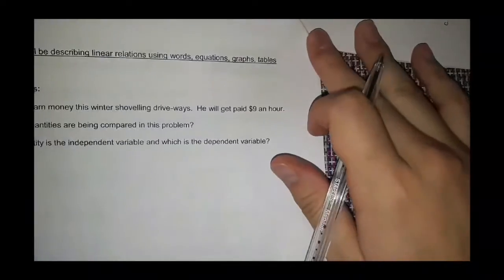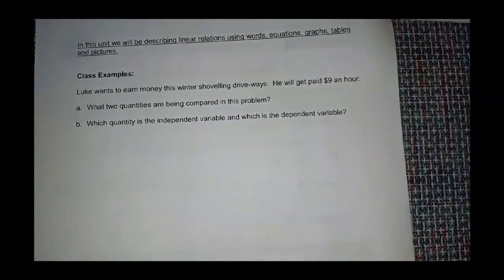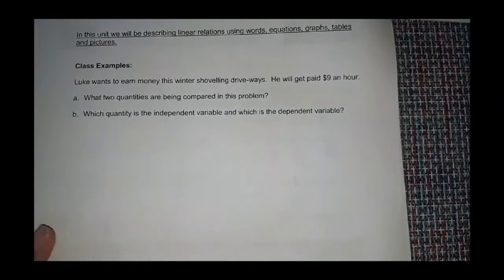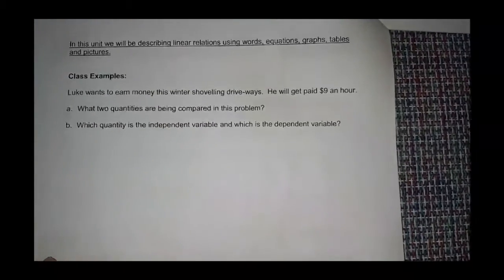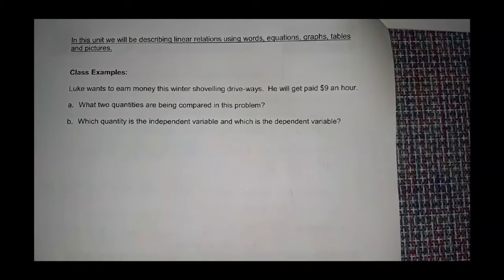Now let's do some simple examples, and then hopefully I go through many different ways of expressing the pattern, because a linear equation always has a pattern, a linear relationship if you will, to be precise.